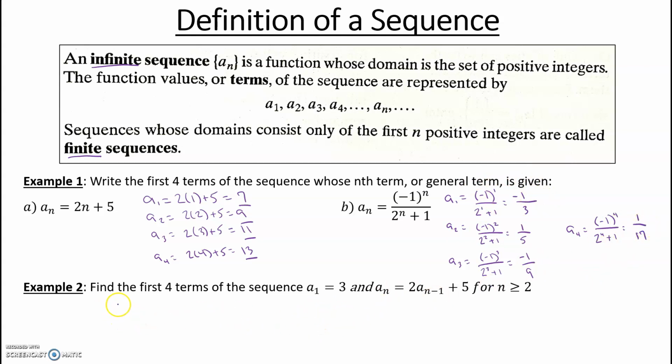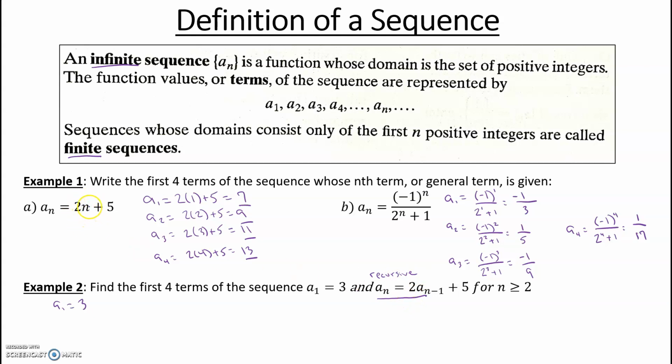Now the next one, it says find the first four terms of the sequence. And they give you the first, right? This is my first term, so we don't have to find that one. A sub 1 equals 3. And then they give you something called a recursive formula. What it means by recursive is, notice here, we just had to have what number we were on.